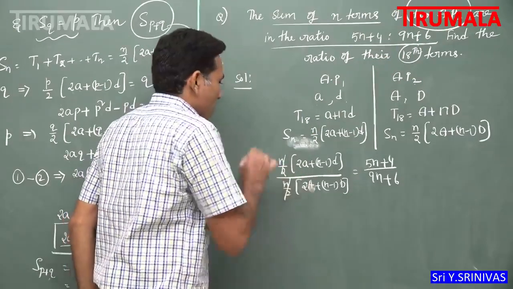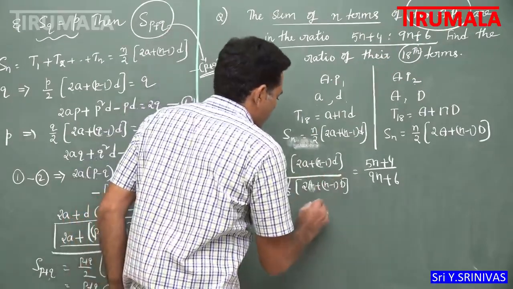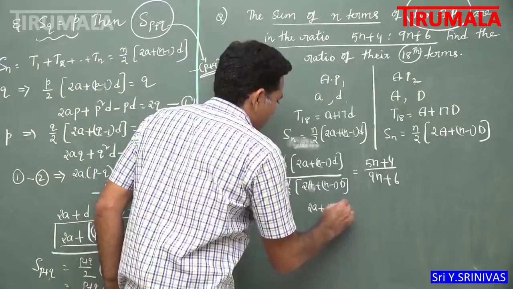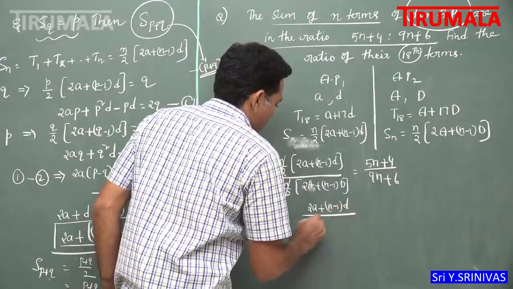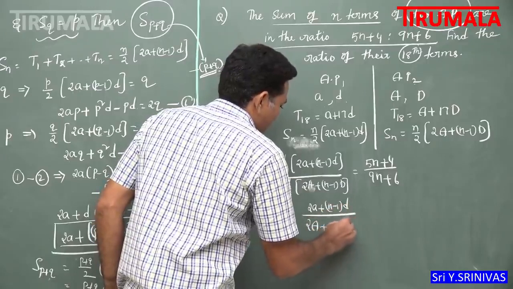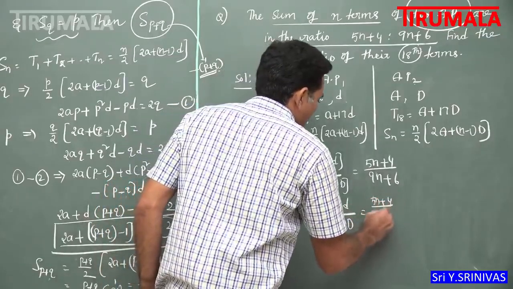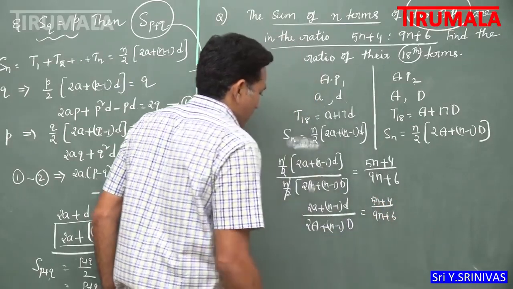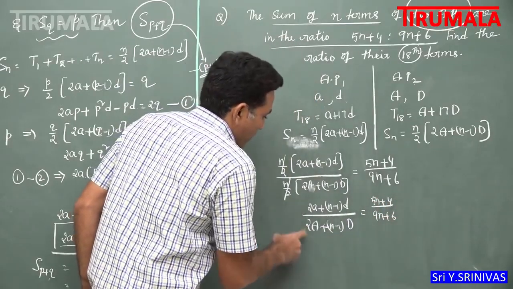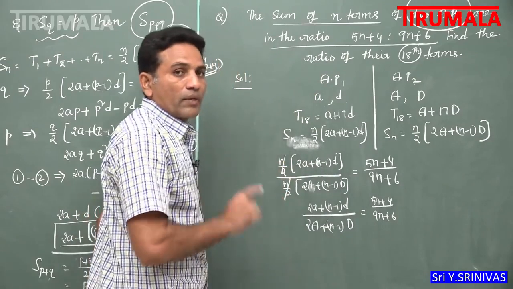n by 2 gets cancelled. The remaining is 2a plus n minus 1 into d by 2 capital A plus n minus 1 into capital D, which is 5n plus 4 by 9n plus 6. 2 is common, so divide numerator and denominator by 2.